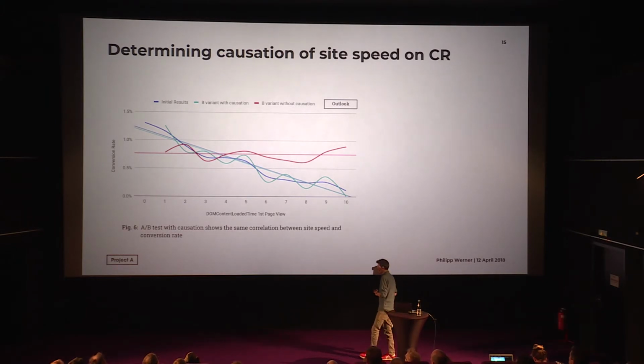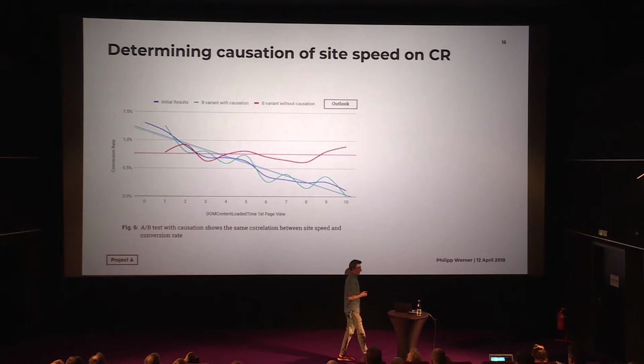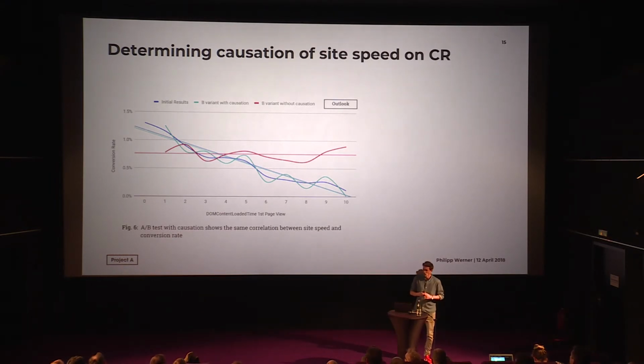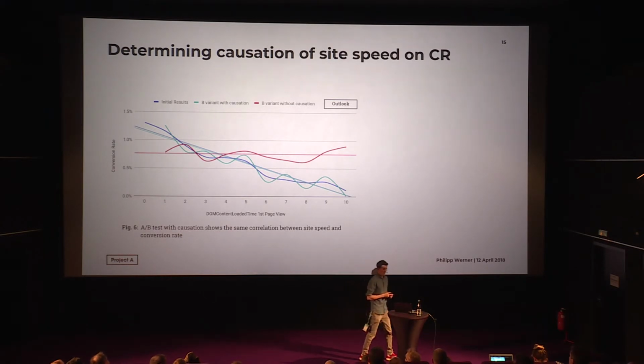Basically, the idea is to exclude all the other variables, like people accessing the page from outside of Germany, and only changing this one variable being the site speed. And if the trend, and it's hard to see here, I'm sorry, if the trend still looks the same, then the result must be that there is causation between site speed and conversion rate.